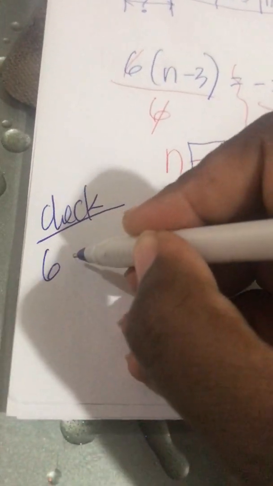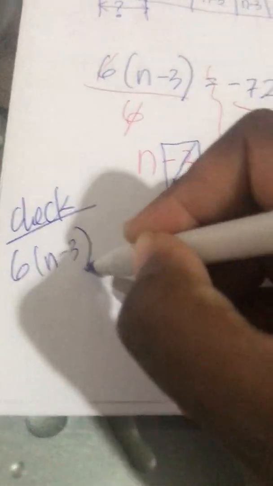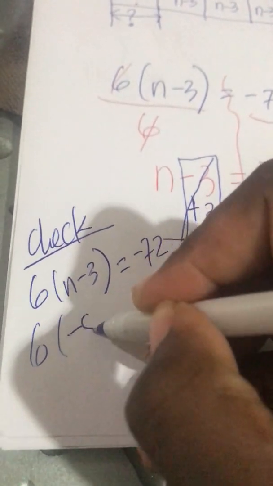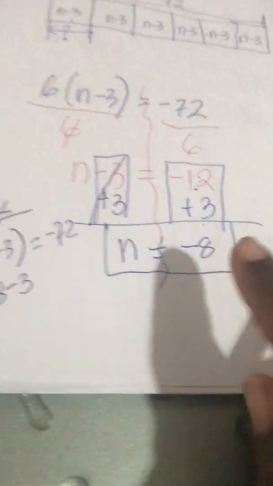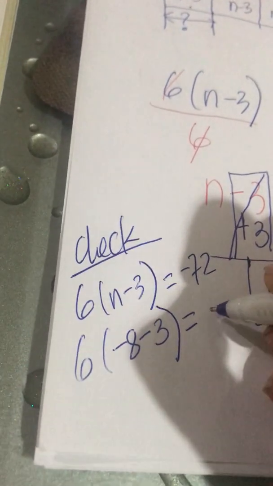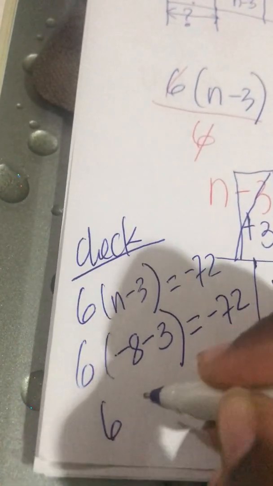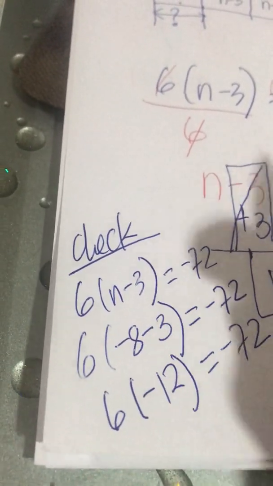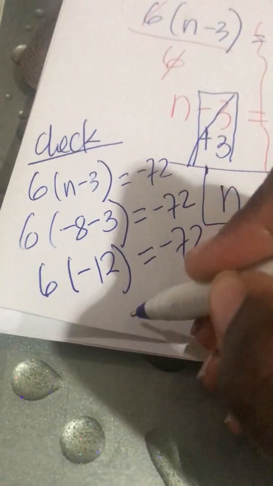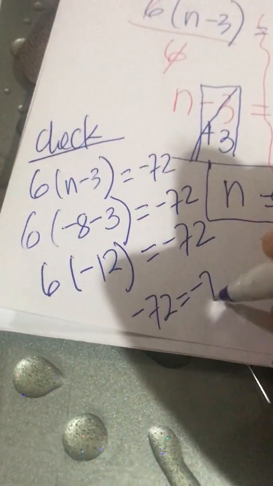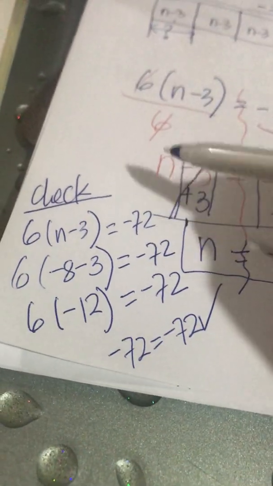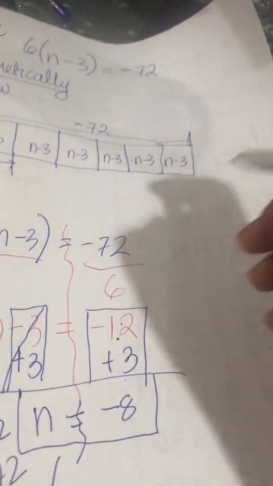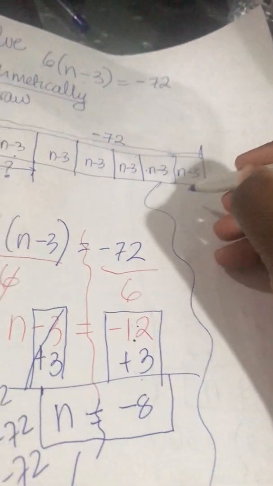So you have 6n minus 3 equals negative 72. 6 times negative 8 minus 3 equals negative 72. 6 multiplied by negative 12 equals negative 72. And then negative 72 equals negative 72. Alright, let us solve it using distributive property.